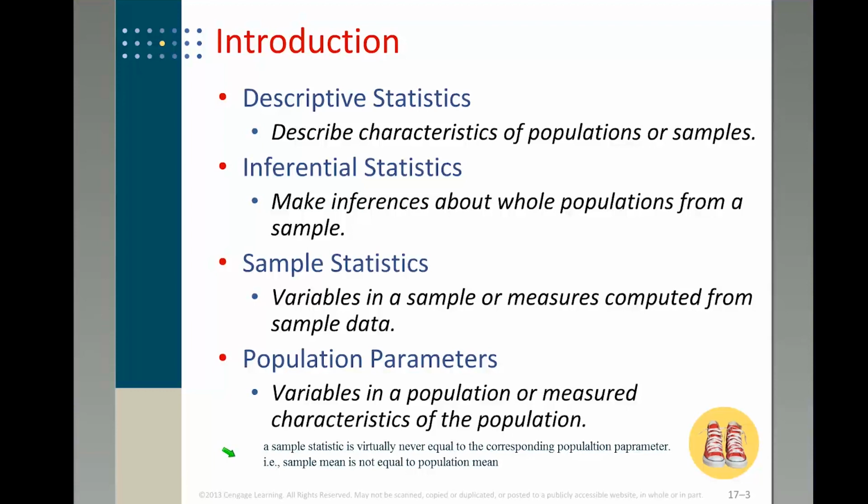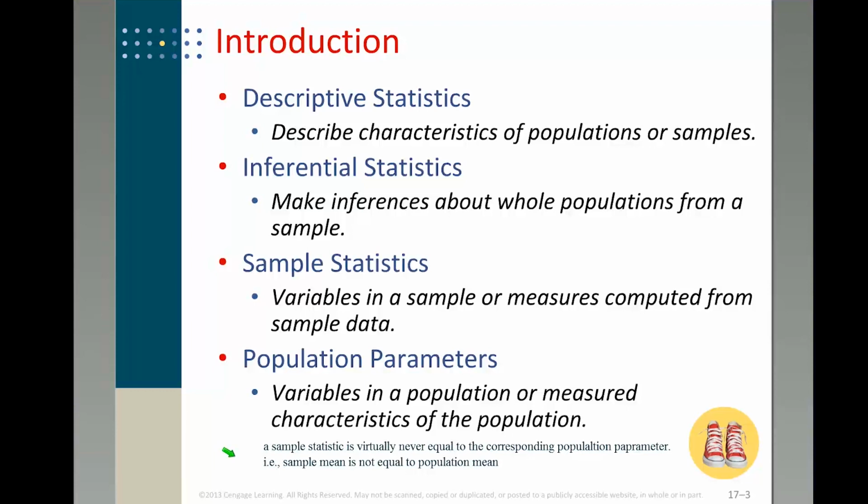For example, if you take a sample and calculate the sample mean, in comparison, suppose you have access to the whole population and you can calculate the population mean, you would find that although the sample mean might be close to the population mean, the sample mean is virtually never equal to the population mean. That is, the sample is never perfectly representing the whole population.